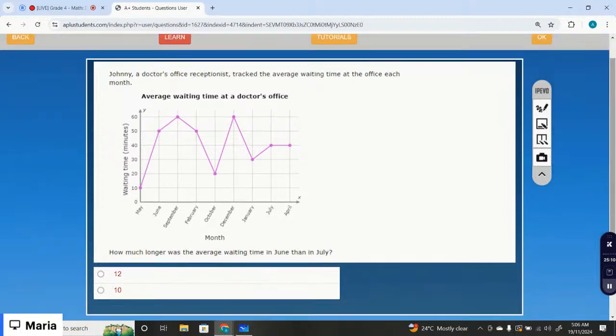Johnny, a doctor's office receptionist, tracked the average waiting time at the office each month. How much longer was the average waiting time in June than in July? So, which is the correct option?